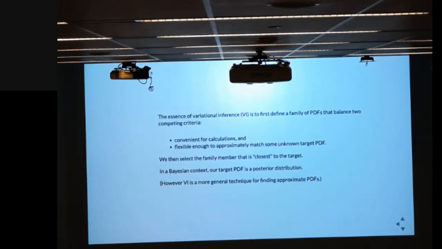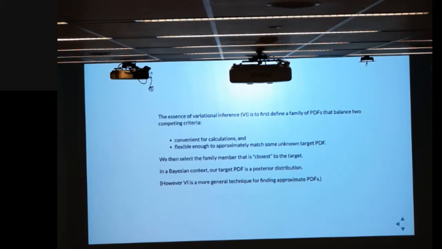That's not so different from what we do in building a Markov chain, because there we pick a proposal function that's easy to sample from. The difference here is we're not just picking a specific function with all the parameters locked in. We're picking a family of functions. So it's a bit more general, but in terms of the mechanics, it's not so different from starting out to do a Markov chain.